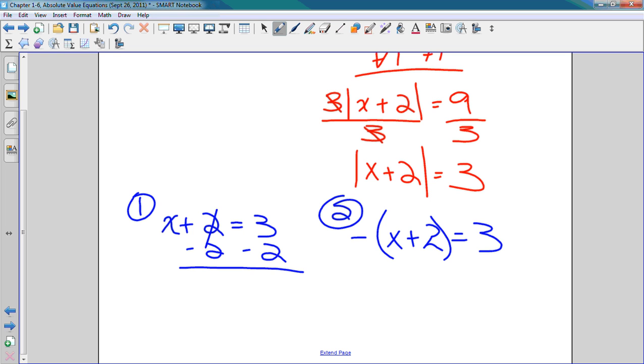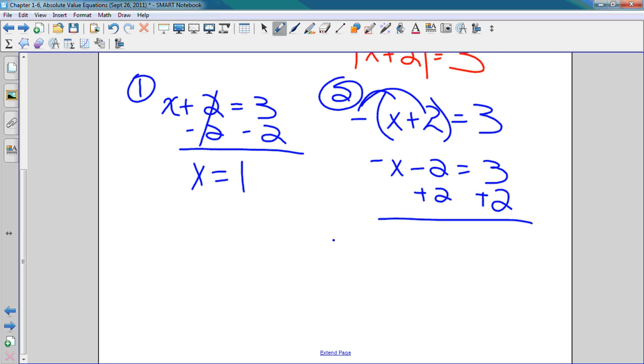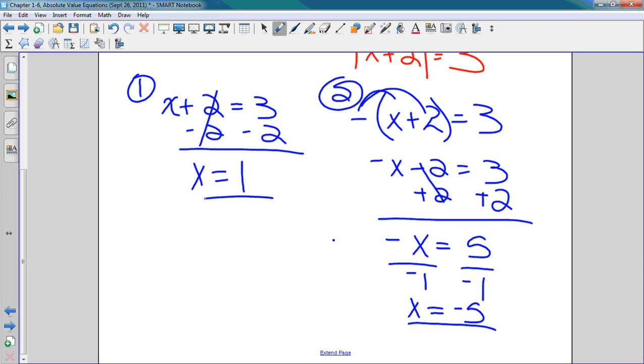So x could be 1, or negative x minus 2 equals 3. Add 2. I have negative x equals 5, divided by negative 1, x equals negative 5. So I have two possible solutions here. Let's plug them into the original equation to check. I solved one, I distributed the negative, and solved the other.